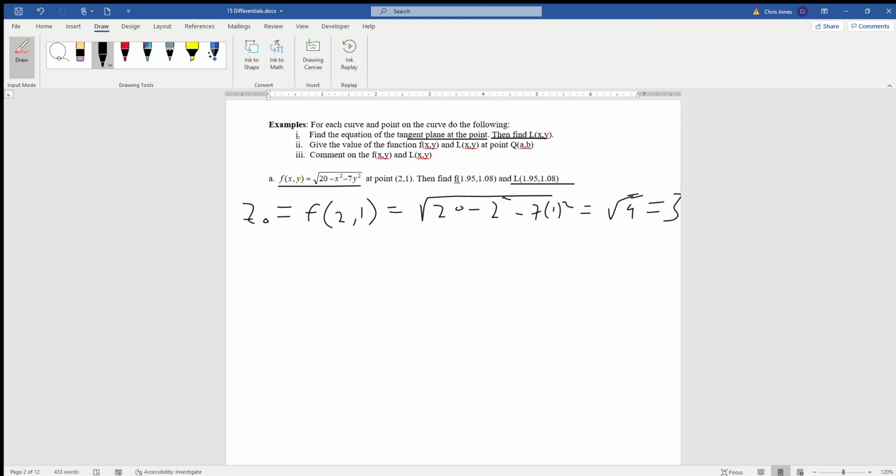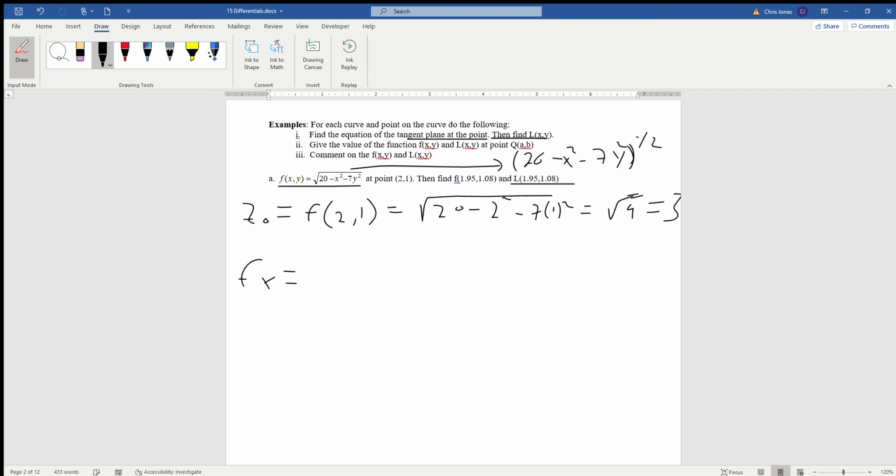Now we need to find the derivative with respect to x. What might be helpful is to rewrite the function as a square root. All right, so let's rewrite this as (20 minus x squared minus 7y squared) to the 1/2. And now we can find the derivative. We're going to need a chain rule.